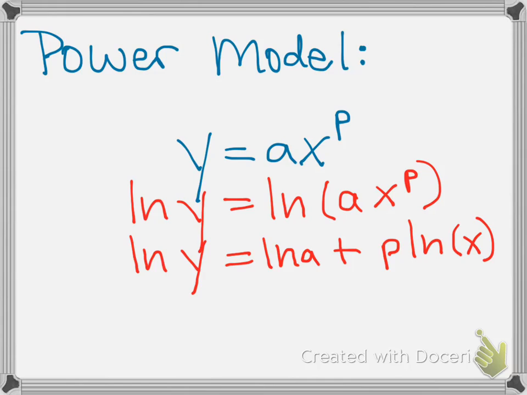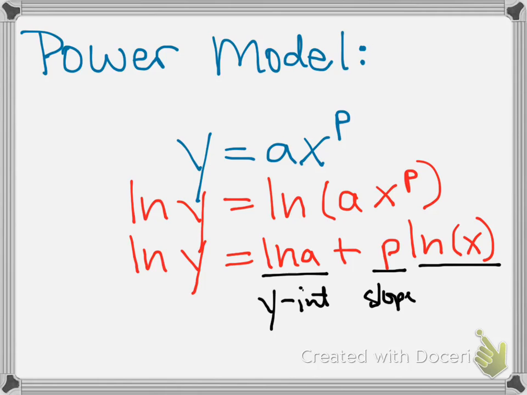That's not true when we're dealing with power models. In this case, we still have the logarithm of y over on the left side of our equation, so that hasn't changed. We still have the logarithm of a as our y-intercept. But this time, just because x was the base and not the exponent, our slope is p, the power in our power model. And then we also have the natural log of x.